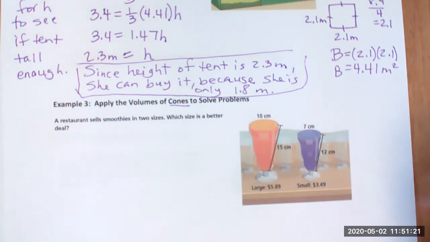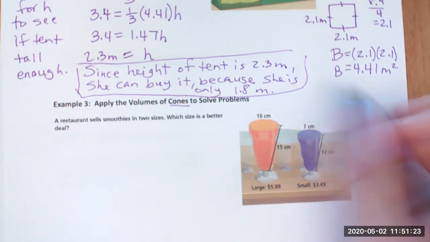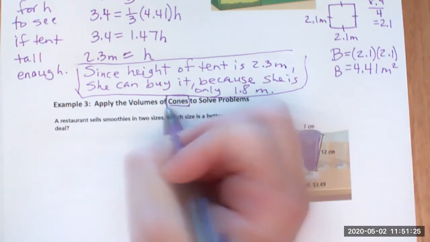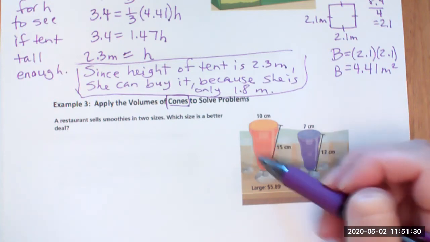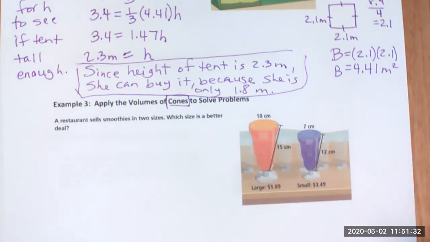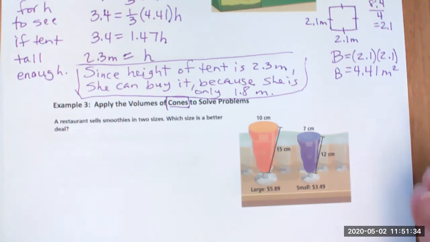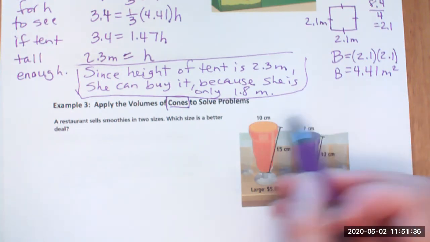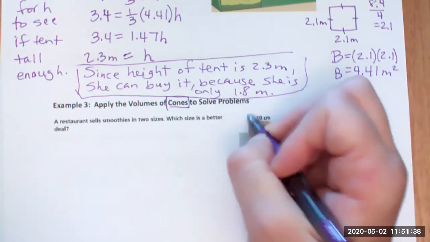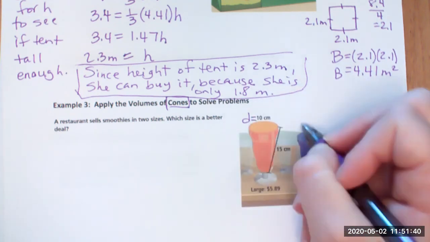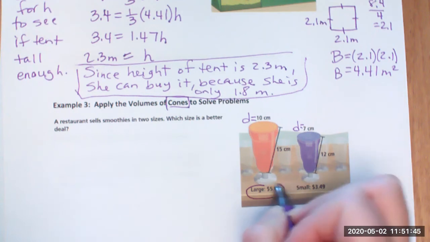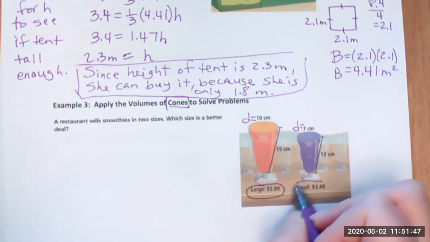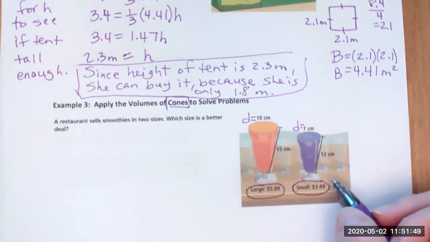Okay, so we are approximating that these are cones, even though they're not obviously perfectly cone shaped because you got the little curves and so on, but we're doing an approximation, right? And what we're given here is the diameter of the base in both cases. We see we have a large for $5.89 and a small for $3.49, okay?